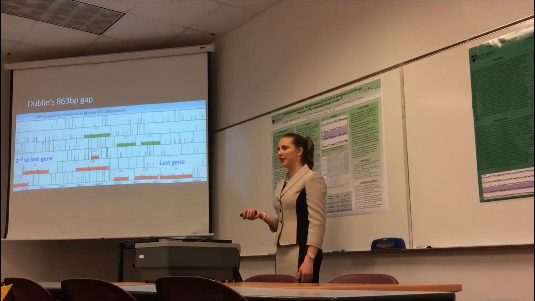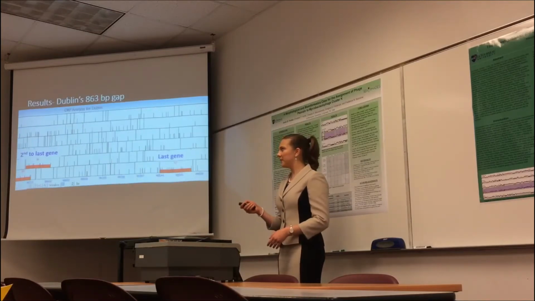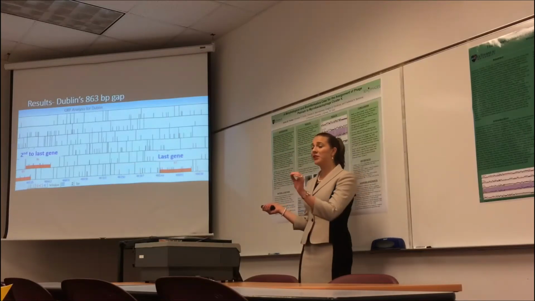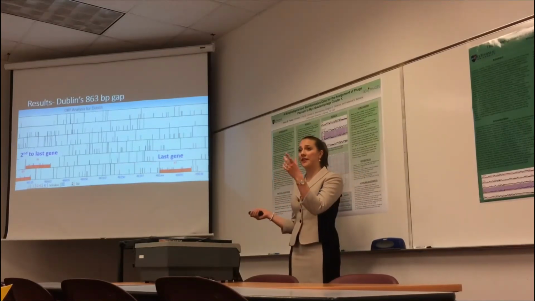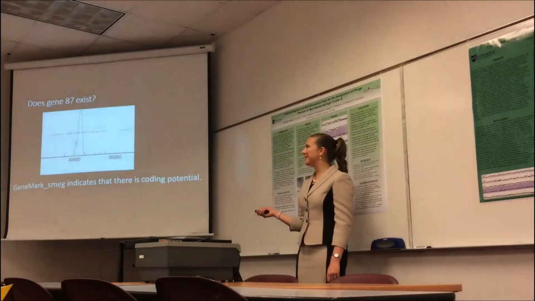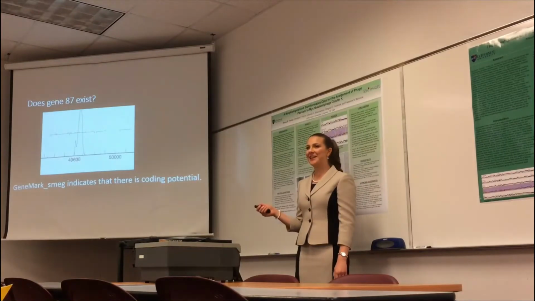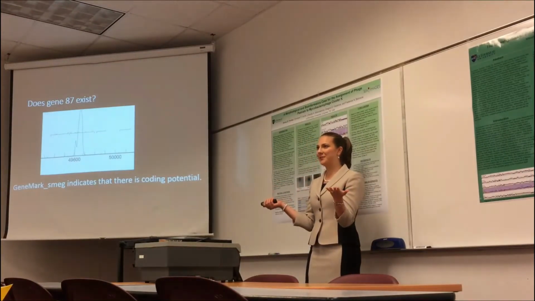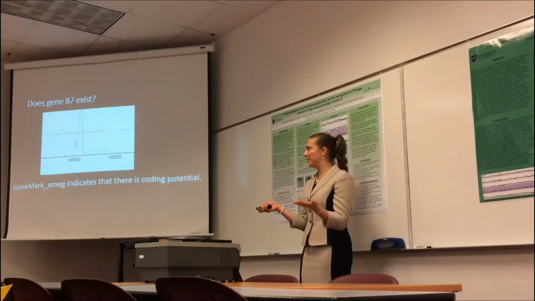Again, there was none. So at this point we asked ourselves, does this last gene even exist? Because it would be much easier for the annotation process to say that the genome ended here. But when we went back to GeneMark, surprise, gene 87 does indeed exist. So that means we're stuck trying to explain this 800 base pair gap.